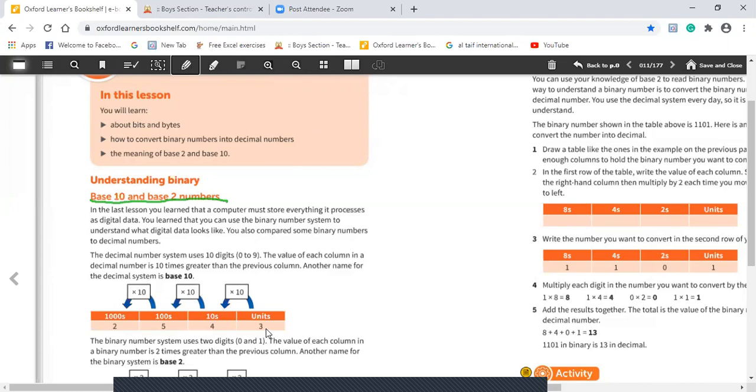For example, look here, 3 4 5 2. That is a decimal number.